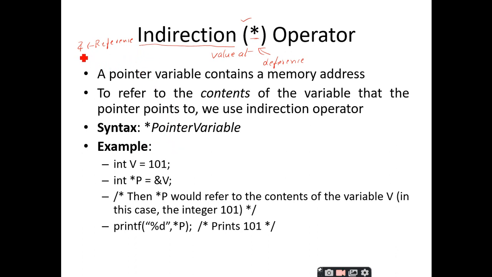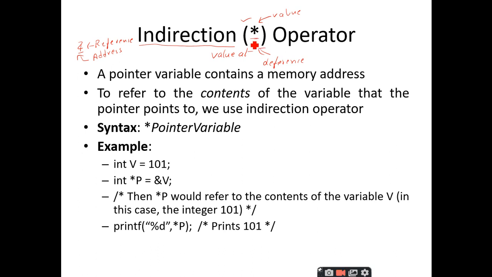By using this reference operator we get the address of a variable, and by using this star we get the value of the variable. But this star should always be used with a pointer variable only.